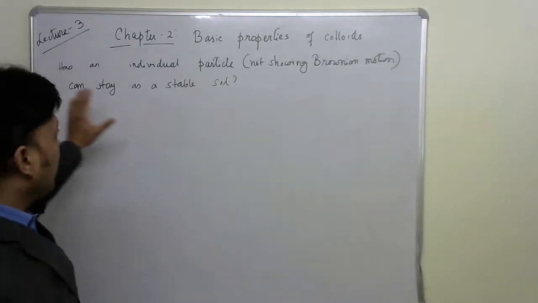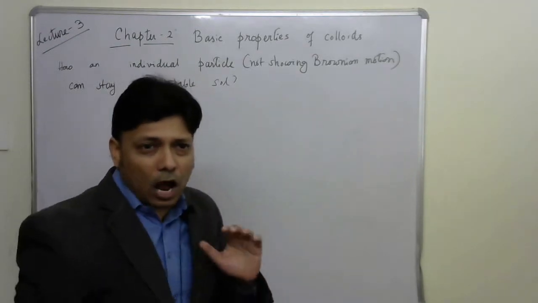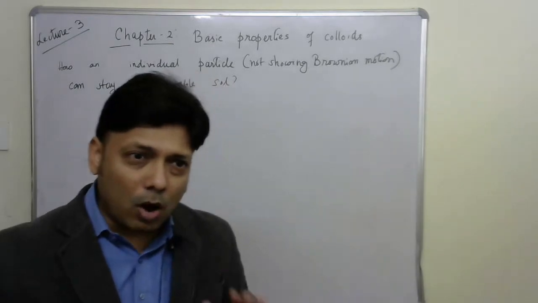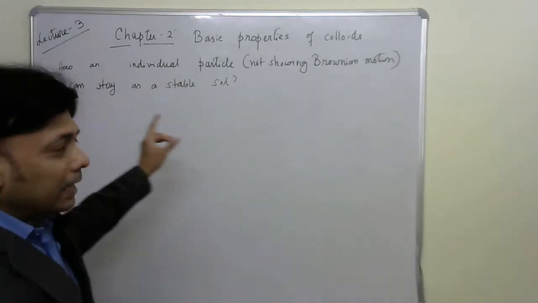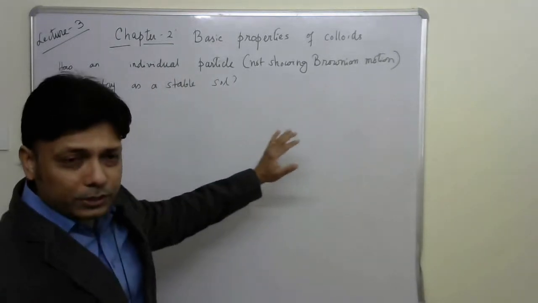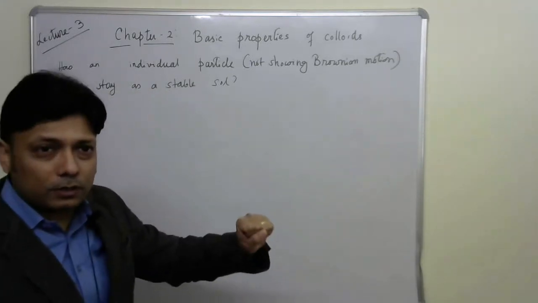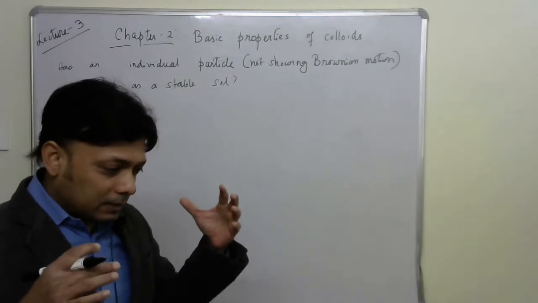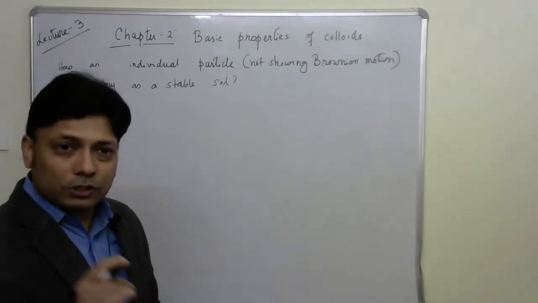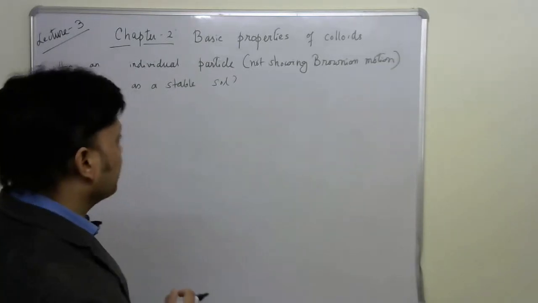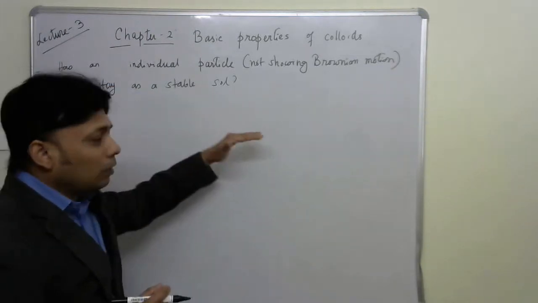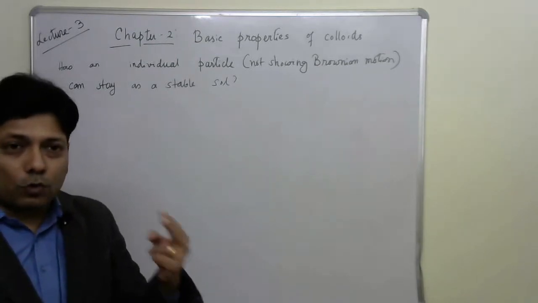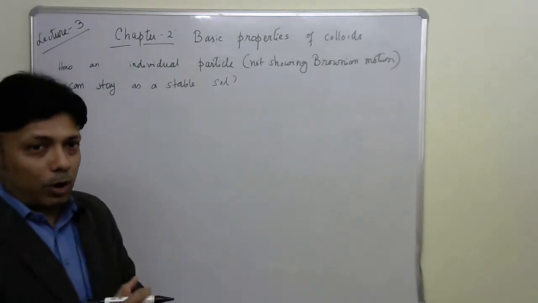So here exactly I have posed this question, that how an individual particle that is not necessarily showing any Brownian motion can stay as a stable solid. So that means we are making a general statement for some kind of particle which has the ability to settle down because it is not showing any Brownian motion. So therefore from the previous statements that we have just made, there are two kinds of forces acting on that particle.